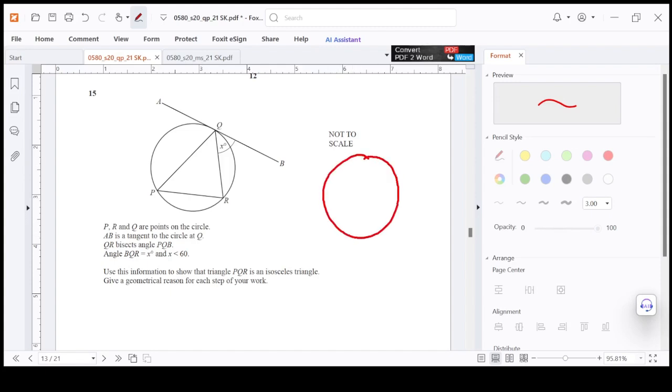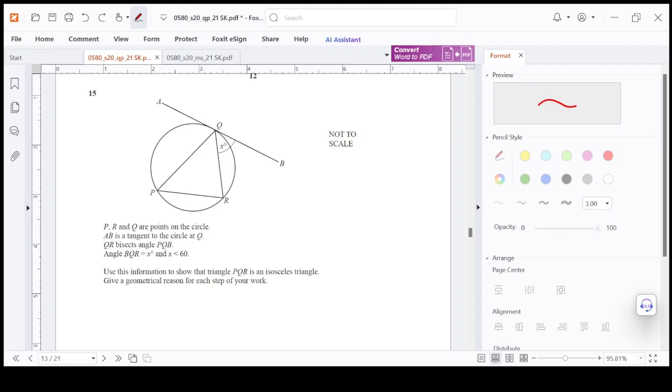If you have a chord and a tangent connecting like this, and then you have an angle between them, this angle is equal to the angle in the opposite segment. So this would be x, which was not shown in the figure, so that got me slightly confused.